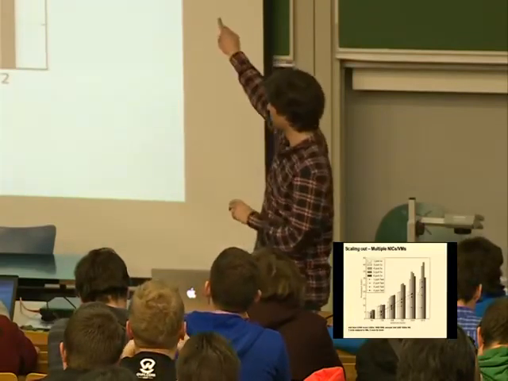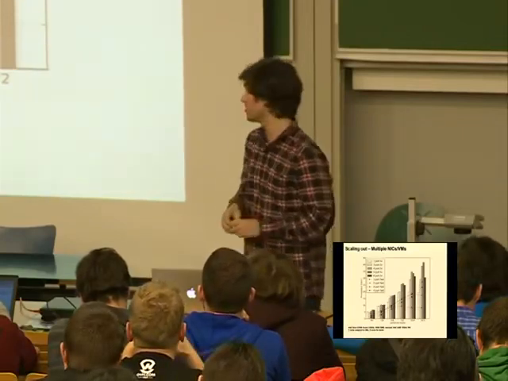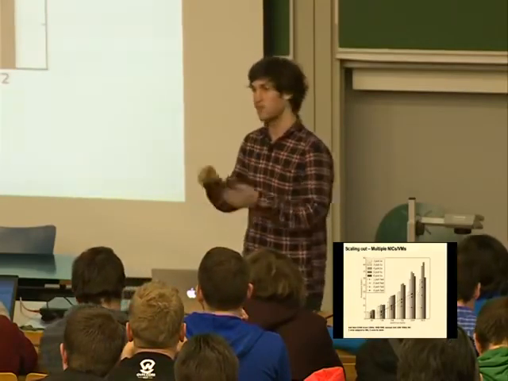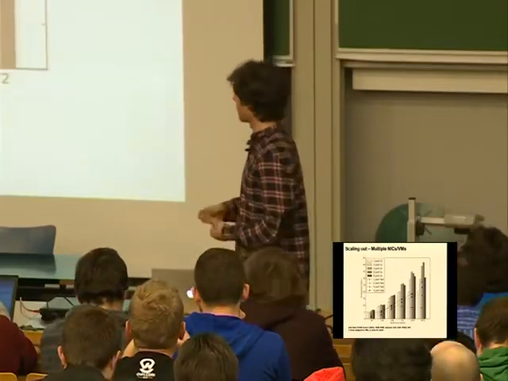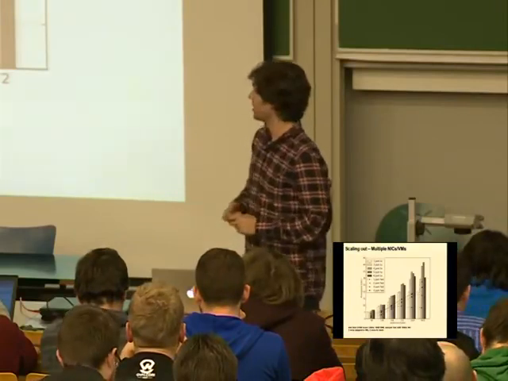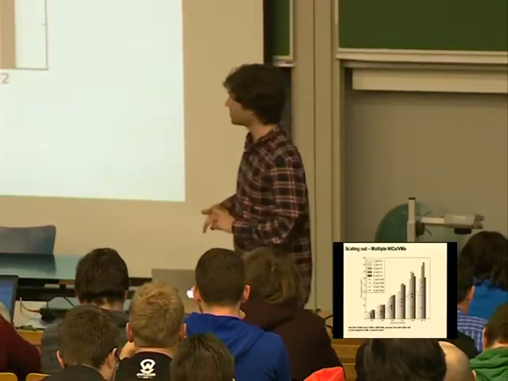So the bars are TX only, just VMs doing packet generation. And the lines represent forwarding, so VMs actually processing packets and forwarding back to the outside world. And we achieved roughly 30 gigs for 3 ports.